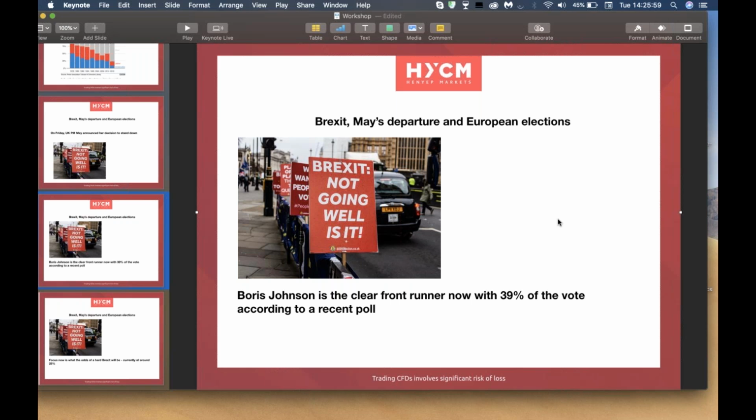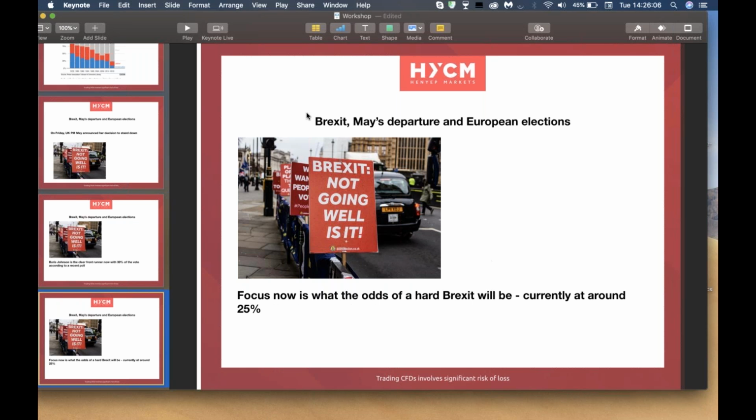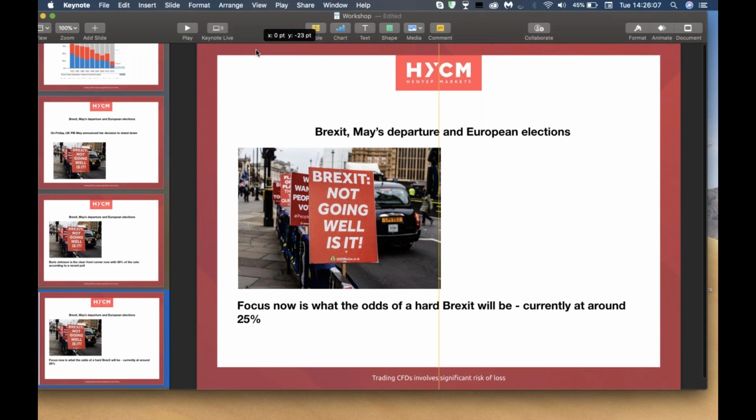So with the appointment of Boris Johnson, if and when that happens, it will result in more uncertainty regarding Brexit, and people will be factoring in more the idea of a hard Brexit.